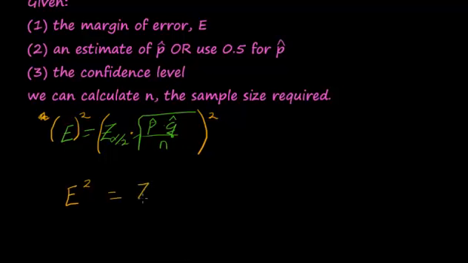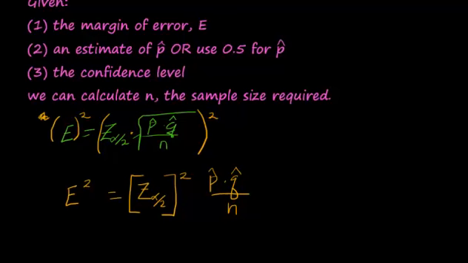So I have z alpha over 2. This gets squared. And when you square a square root, you just eliminate the square root symbol. So this is times p hat times q hat all over n. So now what we've done, by doing that, we got rid of the square root.